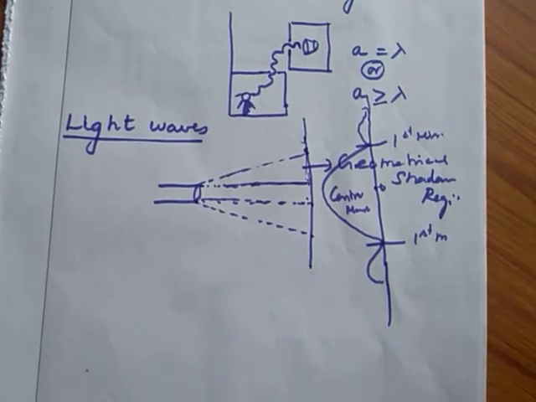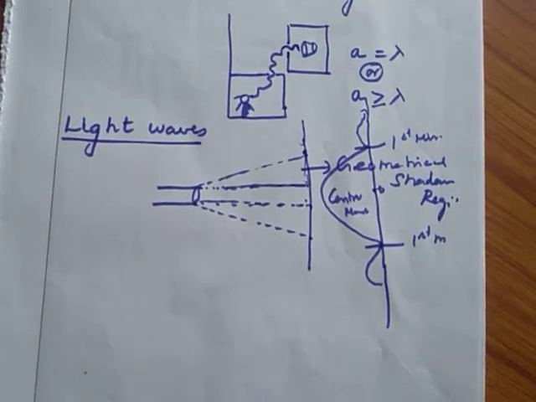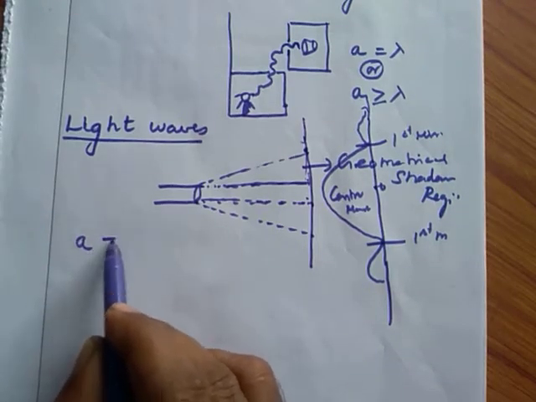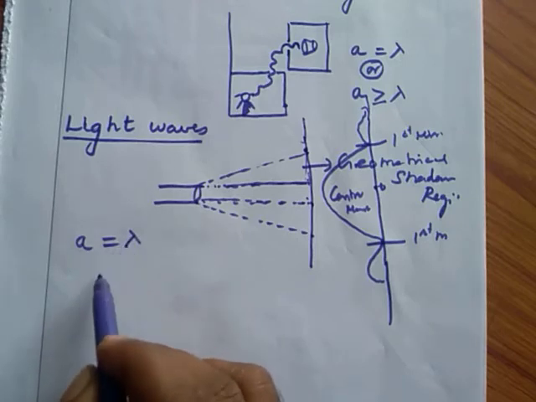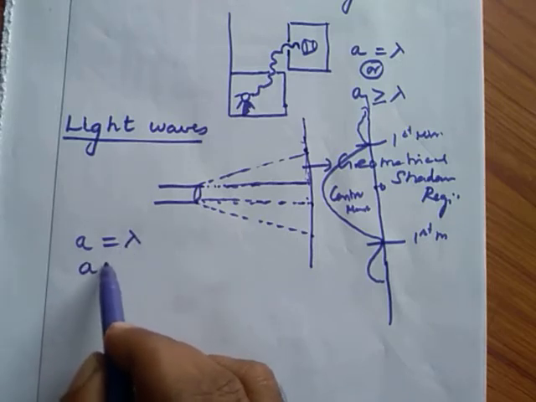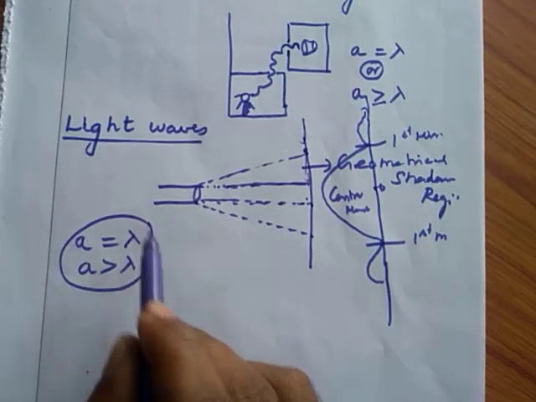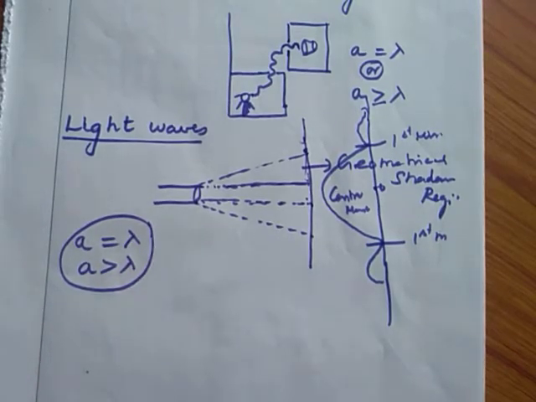For the possibility of diffraction we need obstacles having a size comparable to the wavelength of the light, or a little greater than the wavelength. If this condition is obeyed, then diffraction will be possible.